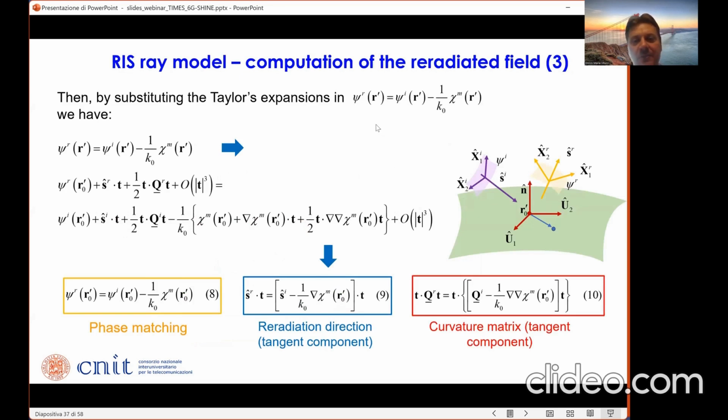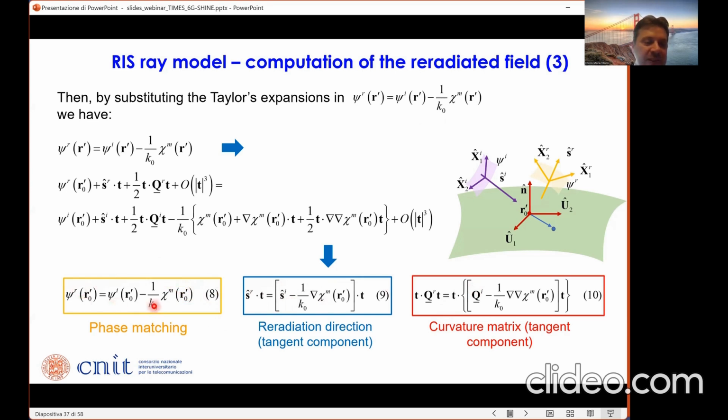Now we simply substitute this expression into the phase matching expression I presented before, and then we can separate the zero order, first order and second order terms, and we get these three different relations.